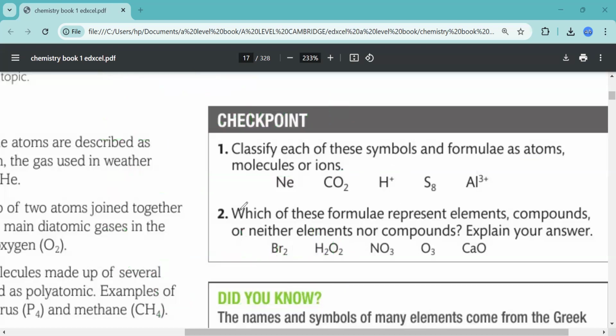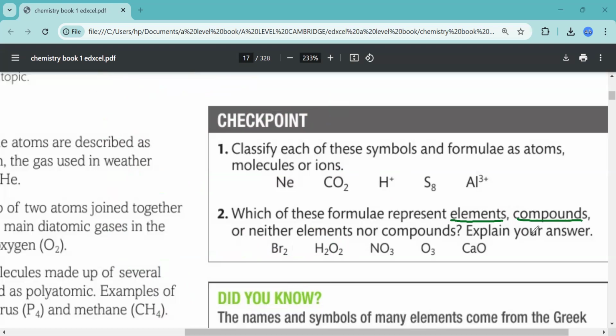Now the second question: which of these formulas represent element, compound, or neither element nor compound? And they said explain your answer. So let's highlight. We need to find out which thing is element, which thing is compound. We remember the definition.